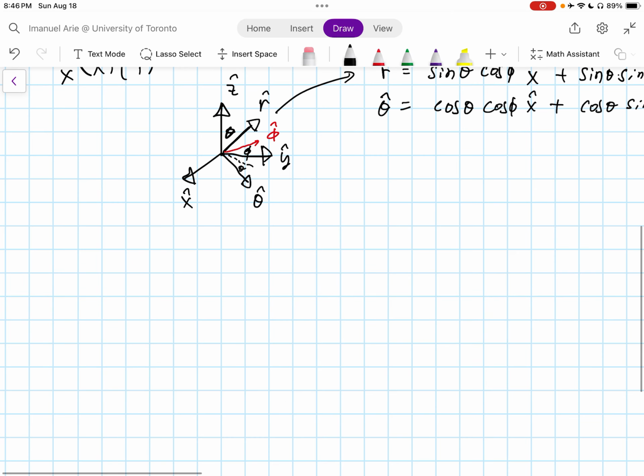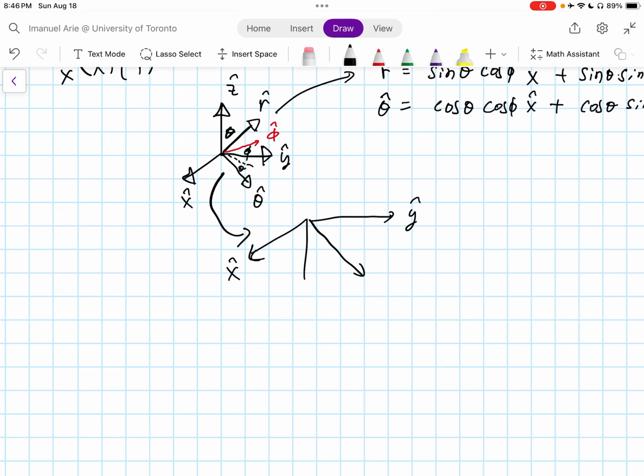As you notice here, if I zoom in on the picture, we will have this, right? So this is the xy plane here, which is a plane that is spanned by x hat and y hat.